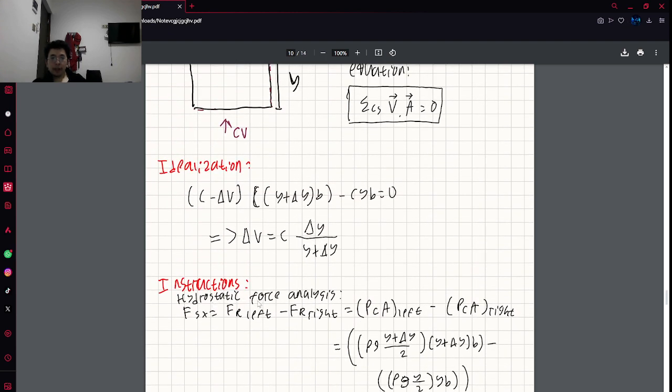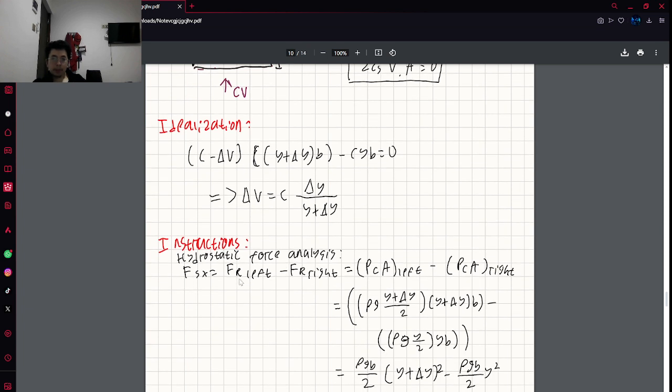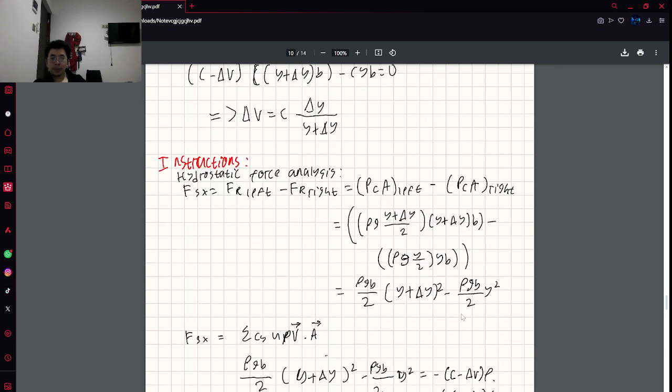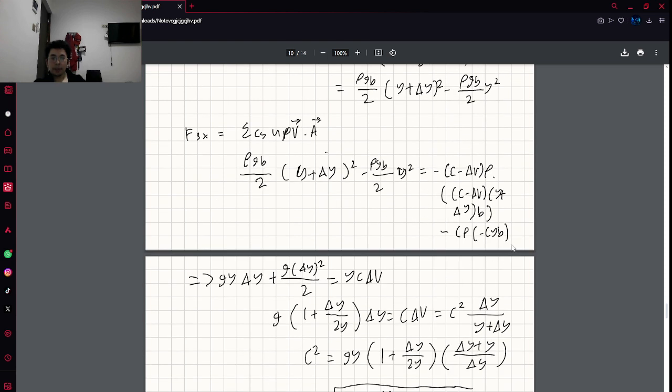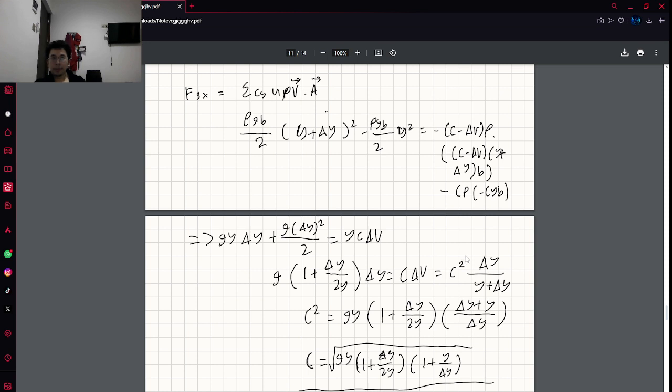After that, we go into the hydrostatic force analysis, where Fx equals Fr left minus Fr right, which we can substitute into this and substitute again, which equals this. Fx and Fsx we can define as this, and we can eliminate all the unnecessary components and simplify to this part right here, which is c squared equals g y.